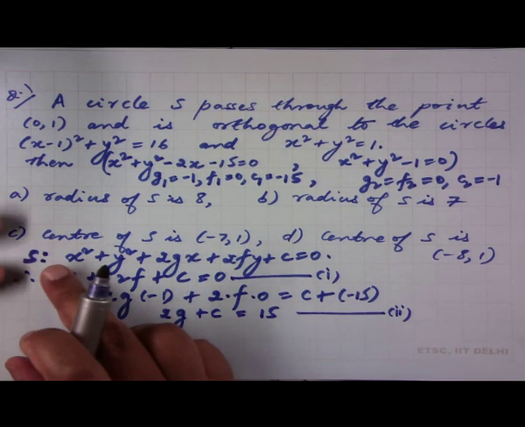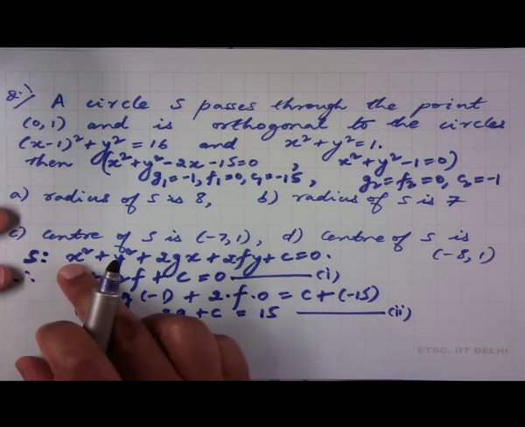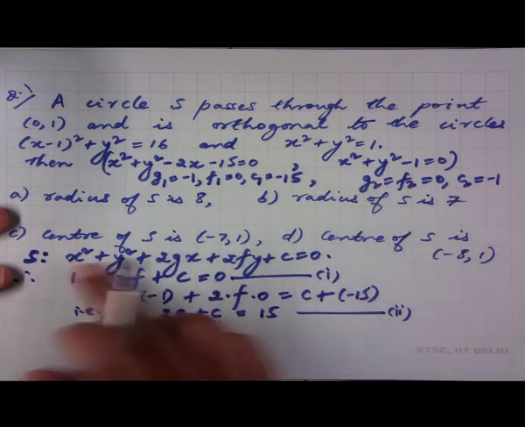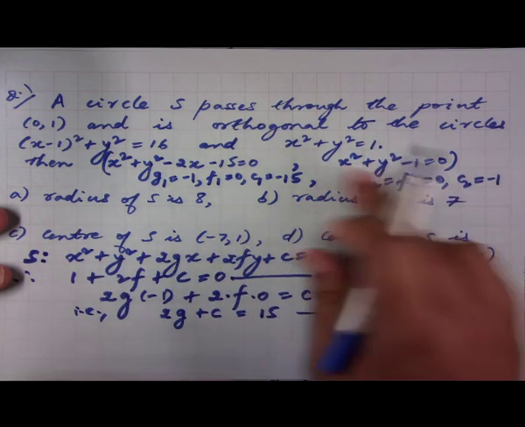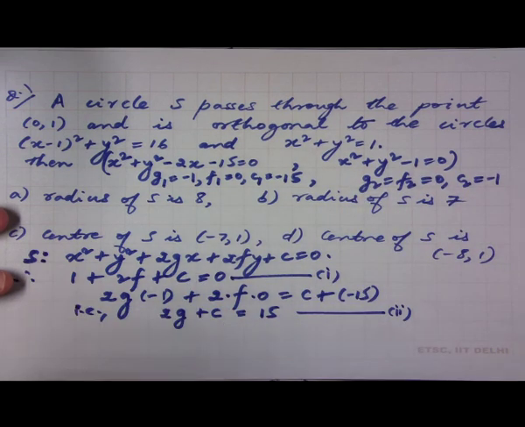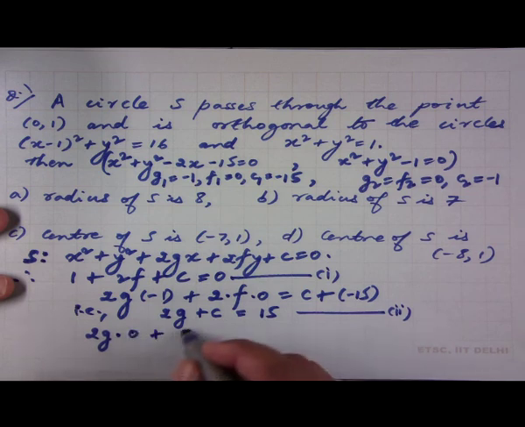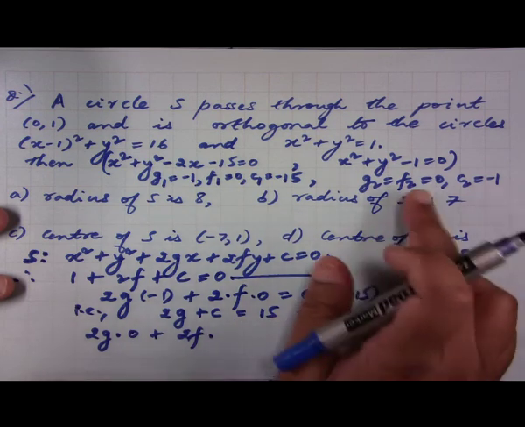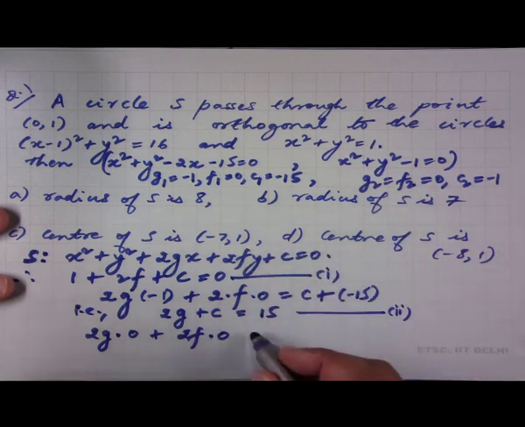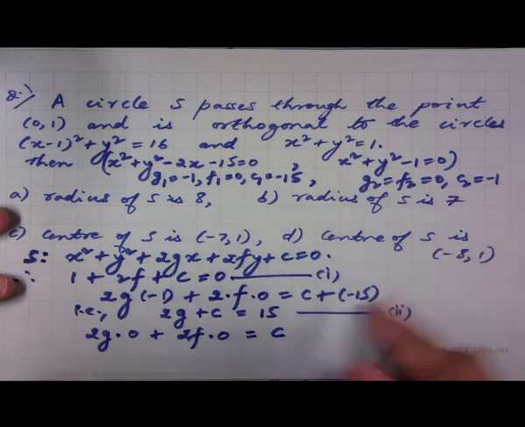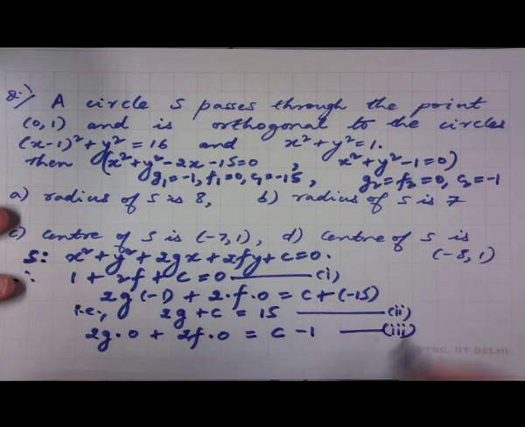And similarly, because the circle is also orthogonal to the second circle, we have a similar type of equation, 2g times g2, which is 0, plus 2f times f2, which is also 0, equals c plus c2. This is the third equation.